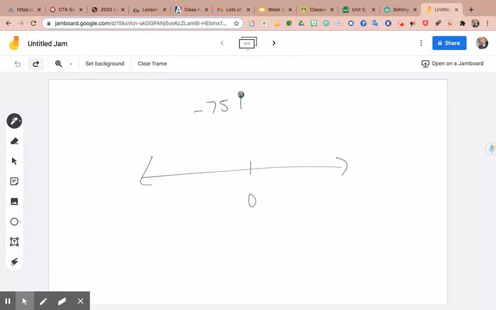If I have negative 75 plus 100, you can think of this as I go left 75. So negative is telling me that I'm going left. And then this is positive, so I'm going to start where I left off and go over 100. Well, this distance is 75, so then to go to 100, I had to also go 25. So I went 100 to the right.